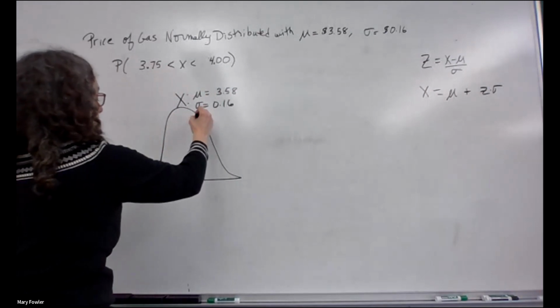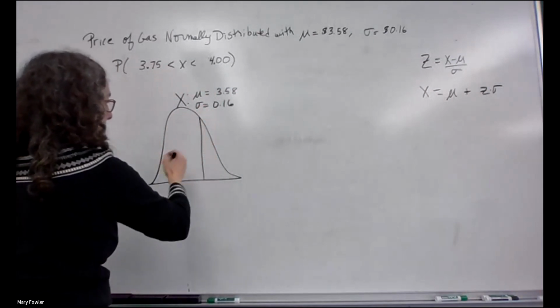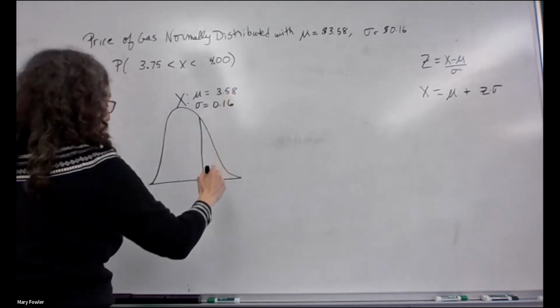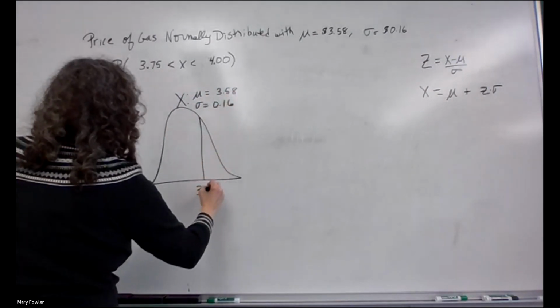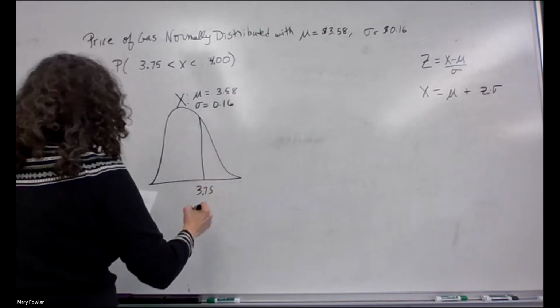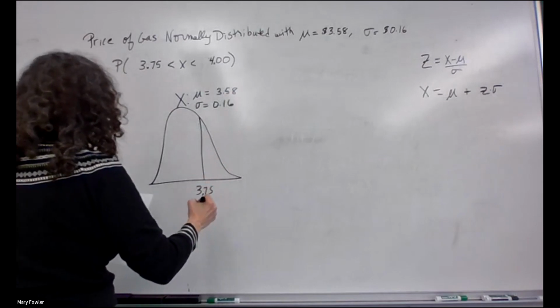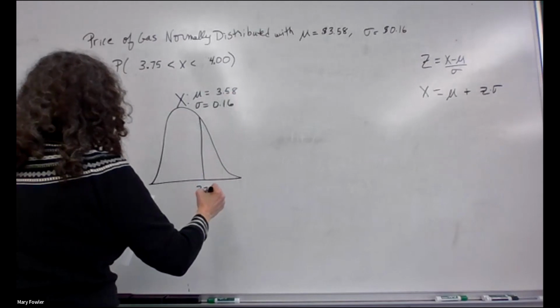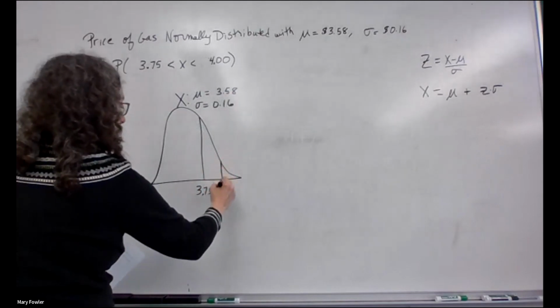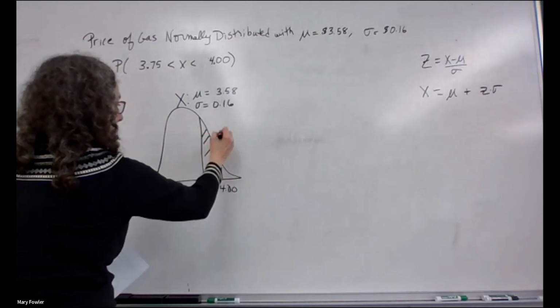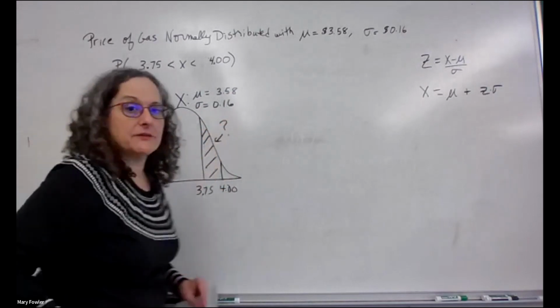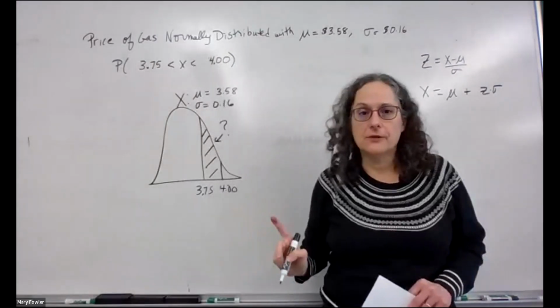Okay, so in this problem, let's draw a picture of the problem, $3.75 to $4. So $3.75 would be to the right of $3.58. We're looking for the area of this bounded region between $3.75 and $4.